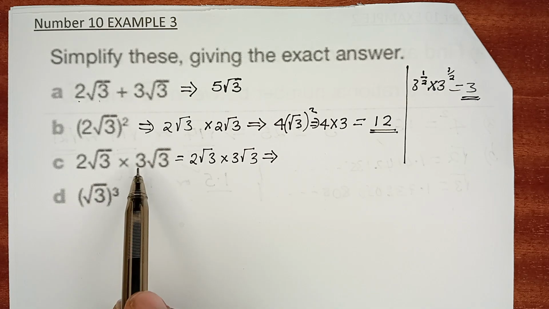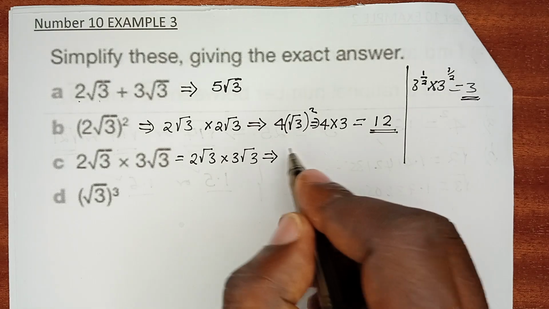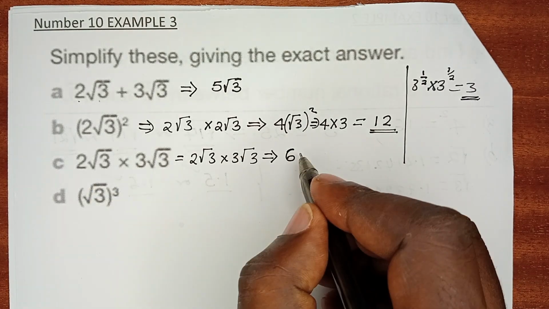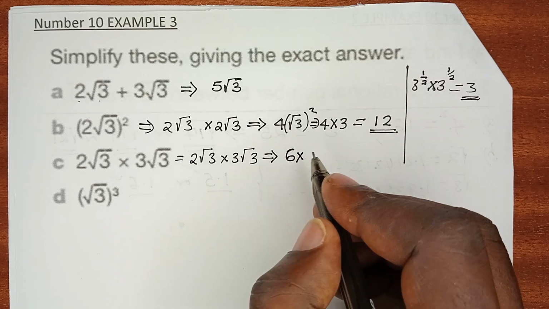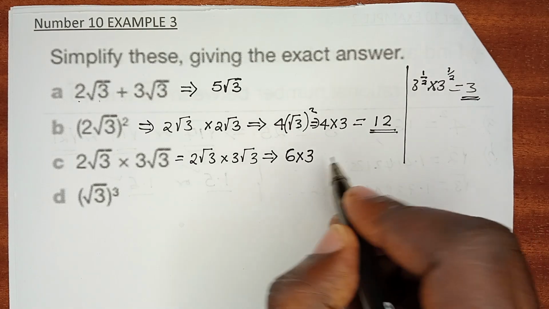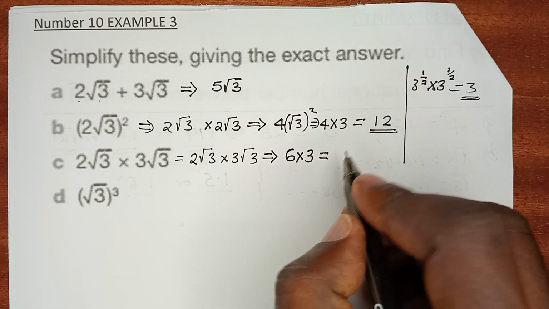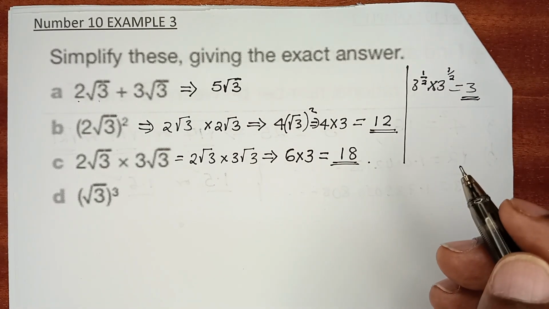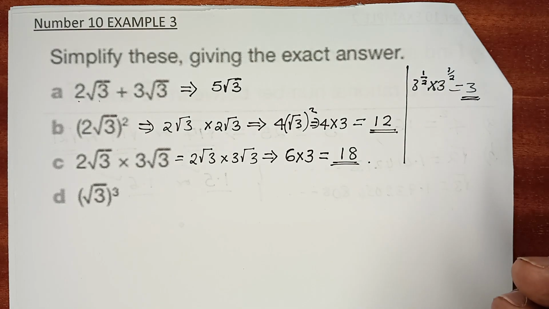We have a 2 here and a 3 here. So 2 times 3, we get a 6. Root 3 times root 3, we have just understood in part B that we get a 3. And therefore 6 times 3 is 18, which is the answer to that part of the question.